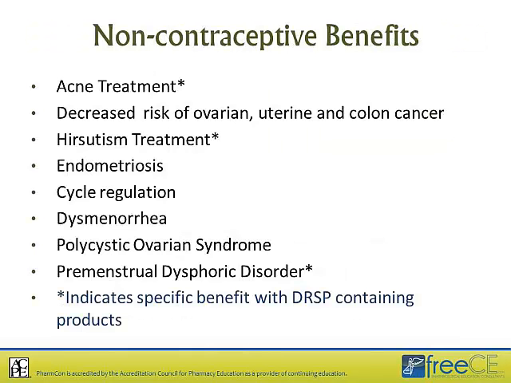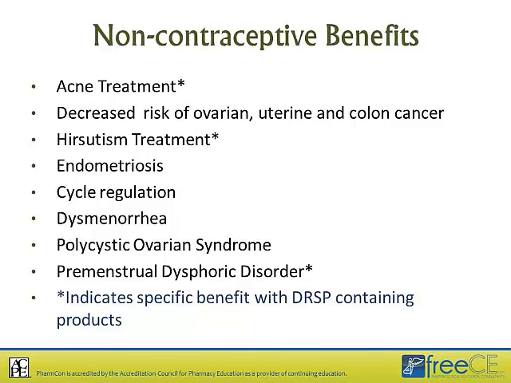In addition to preventing pregnancy, there are many non-contraceptive benefits that combined hormonal contraceptives can offer, such as treatment for acne, decreasing the risk of various cancers, treating hirsutism, helping endometriosis, cycle regulation, and dysmenorrhea.